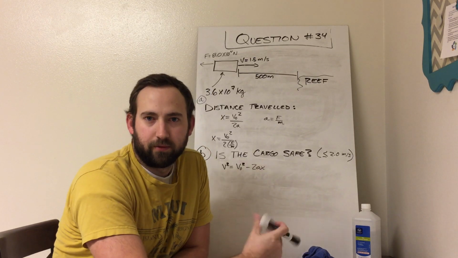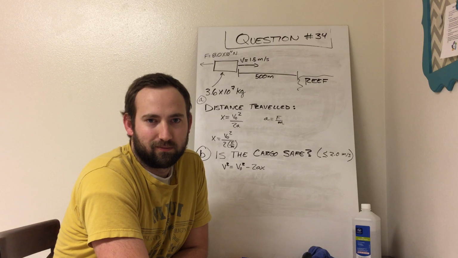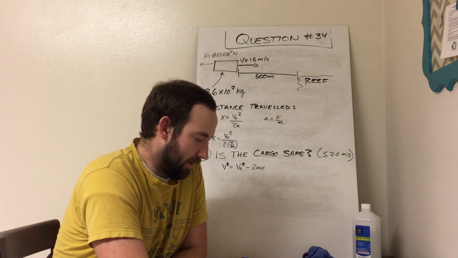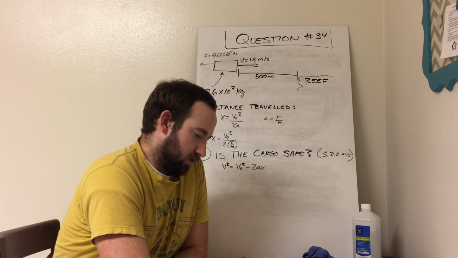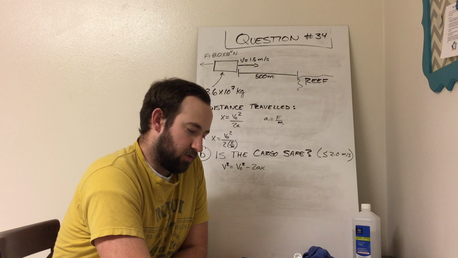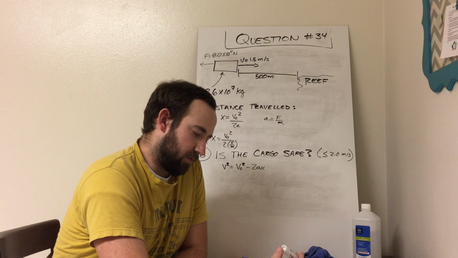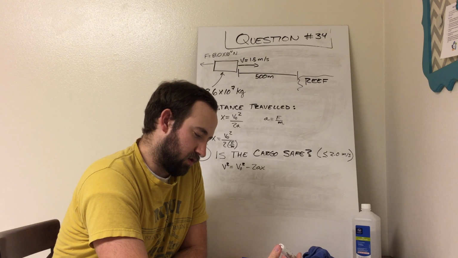First of all, I'll read the question because there's a lot of information in there that is good to know. It says, an oil tanker's engines have broken down and the wind is blowing the tanker straight towards a reef at a constant speed of 1.5 meters per second. When the tanker is 500 meters from the reef, the wind dies down just as the engineer gets the engines going again.